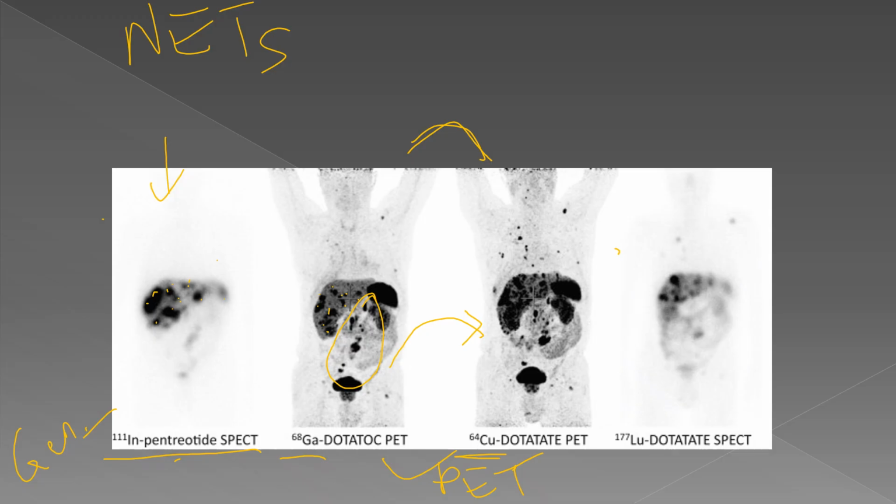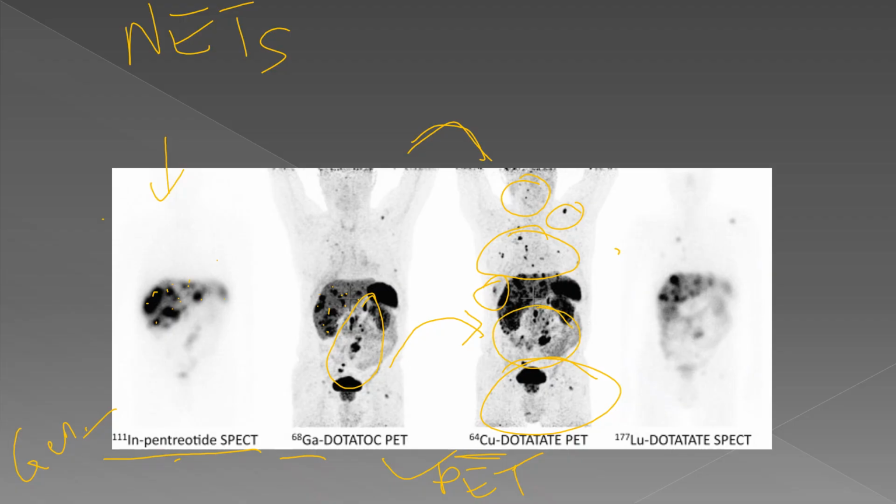Then you go over to the copper, which has better spatial resolution because it has a smaller effective positron range. And now you see more tumors in the chest, the side, down here in the groin that you didn't see before, even down here in the GI tract.